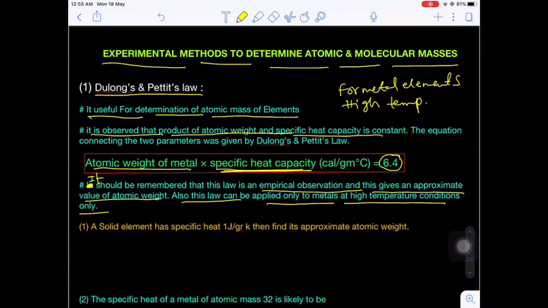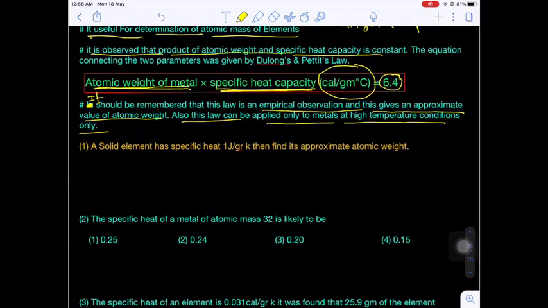Now the product of the atomic weight of the metal and specific heat capacity will be equal to 6.4. Remember, the unit of specific heat must be calorie per gram per degree Celsius. This is very important.